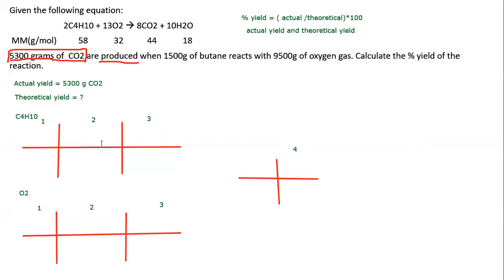So again, in slot 1 goes the mass of the reactant. So in this case, 1,500 grams of butane. Same thing goes for slot 1 for O2. It's the mass of oxygen gas given to us.